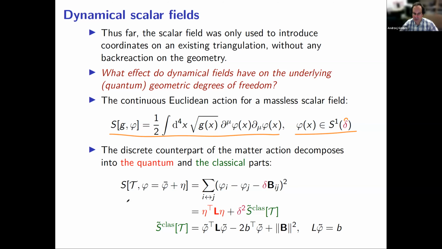If you take the discretized version of this action, it decomposes into the quantum part, which does not depend on delta at all. It only depends on the Laplacian, and eta is just the deviation of the scalar field from the classical solution. And the second part is the classical part, which depends on the triangulation.